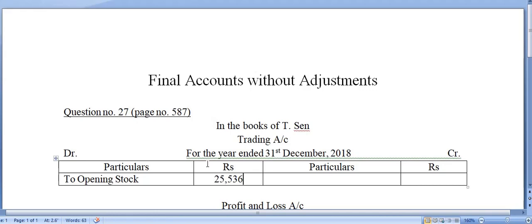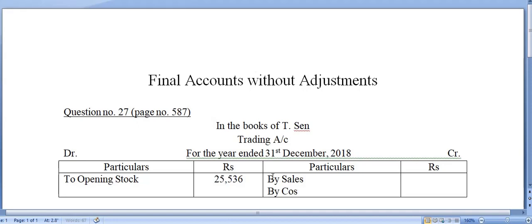When you are preparing this trading account, only two items will come on the credit side: one is sales and the other one is closing stock. That's it. But let us read the question first. Sales returns, you see in the beginning it's mentioned here, 4536.